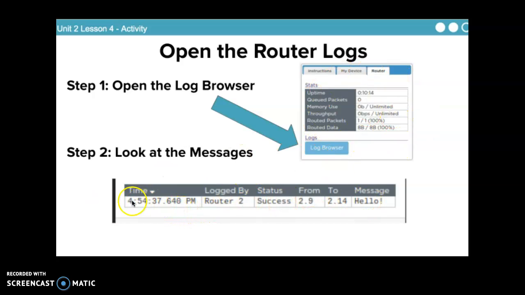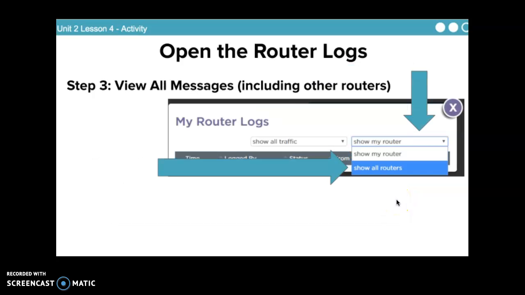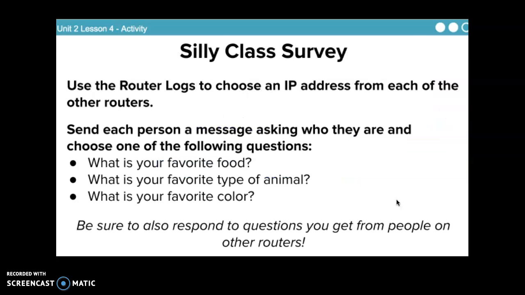This tells you the time that the message went through, what router it went through, and there are your two IP addresses. They're shortened here for purposes of display. So these both went through router 2. And when you want to see all routers, you can look at all router logs.